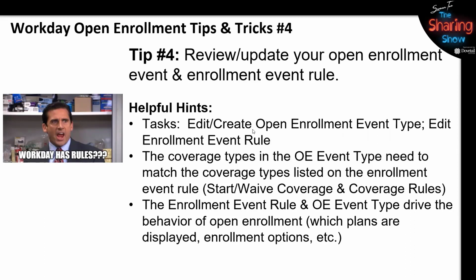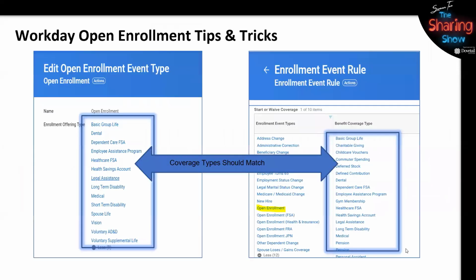You can run into some issues if you only have, let's say, medical and dental on the event type, and medical, dental, and vision in the enrollment event rule, or vice versa. The enrollment event rule, in conjunction with that event type, drives the behavior of open enrollment: which plans are displayed, what enrollment options are available to the employee, et cetera.